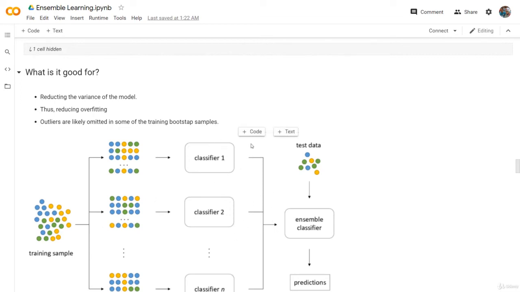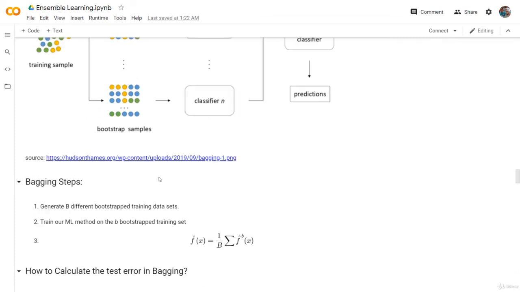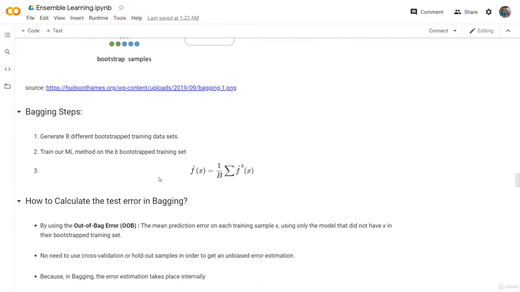So these new datasets that we got from the original dataset are used for validation, okay? Of course we have the test dataset, and we don't touch it. But if we want to see how well this classifier is doing, then we use the out-of-bag error. So this is the idea of out-of-bag error.